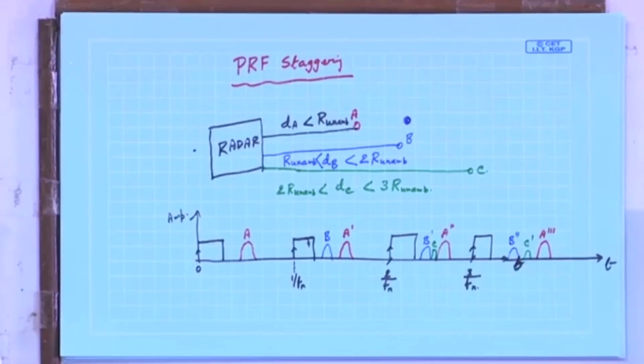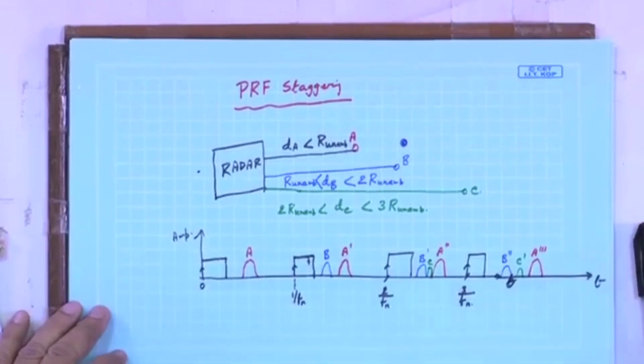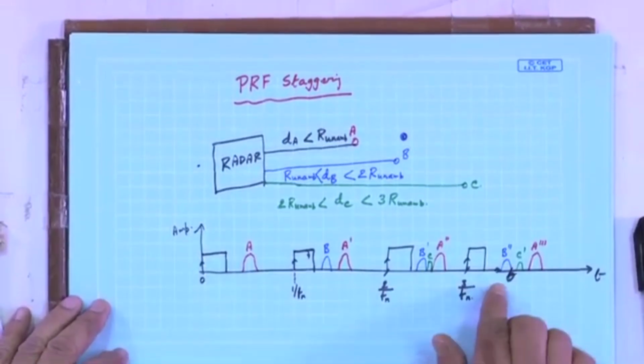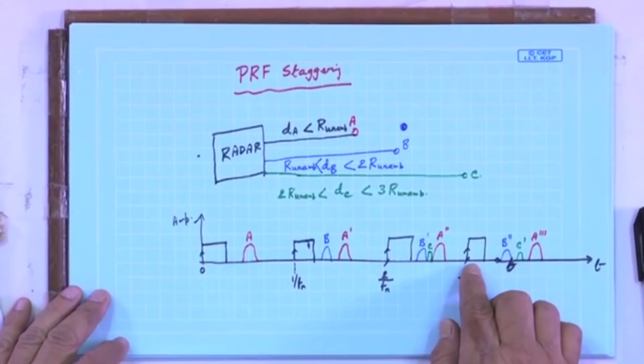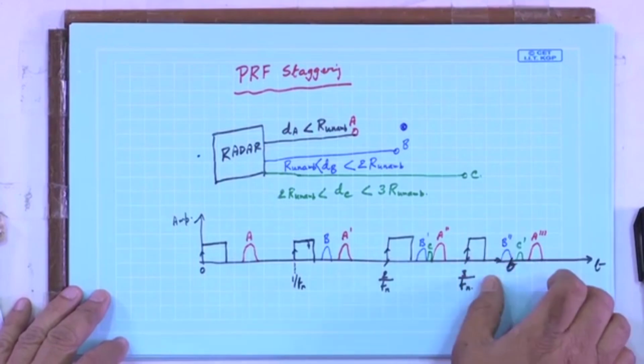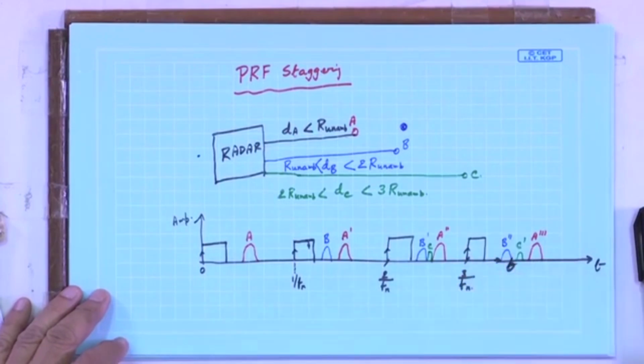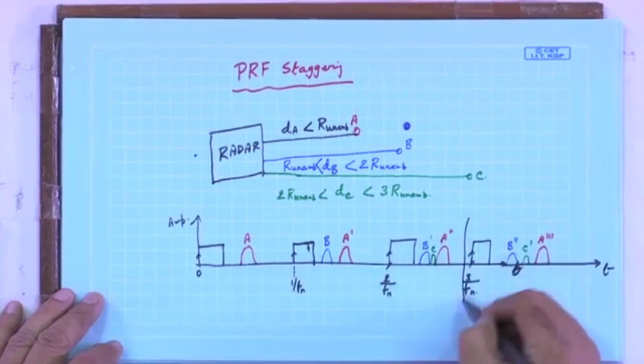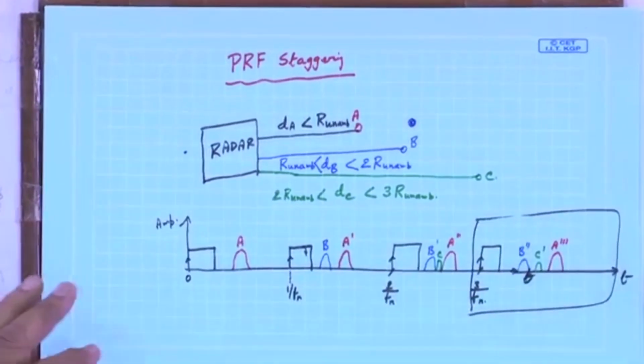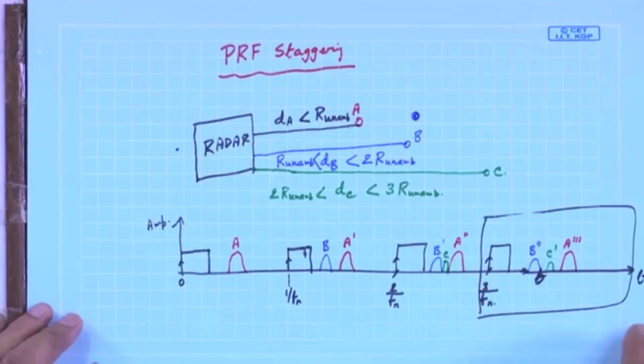After the third pulse onwards, the screen will be like this. This is the steady state. This picture will finally be in the radar display.